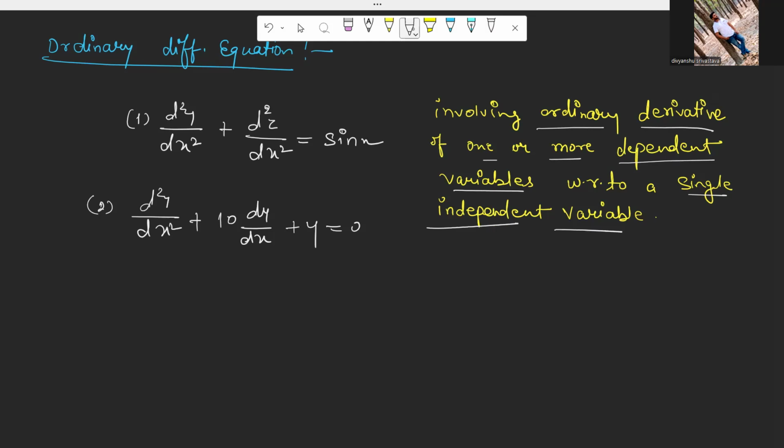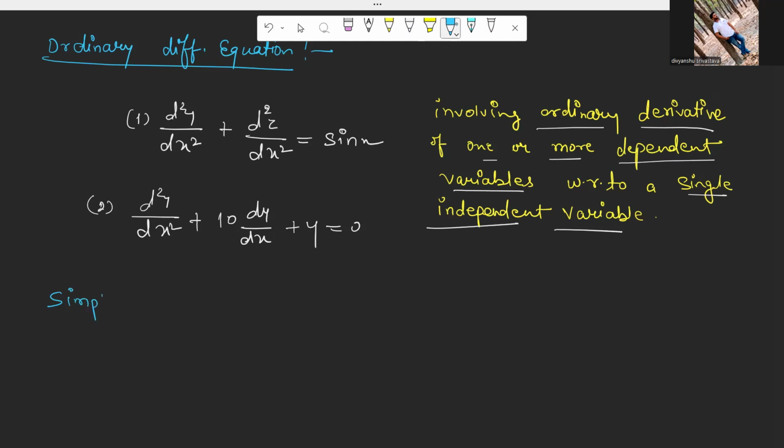These are the basic definitions for ordinary differential equation. Now move on to the next point, your simple ODE.